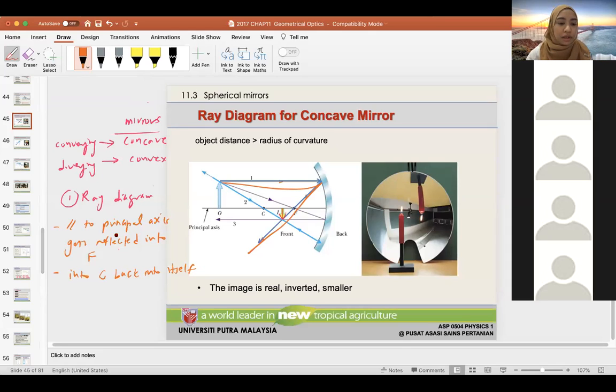Where your line intersects, your image is formed between the intersection and the principal axis. Sorry for the bad handwriting. That is the point. And then we discovered that we have a bunch of equations for mirrors.